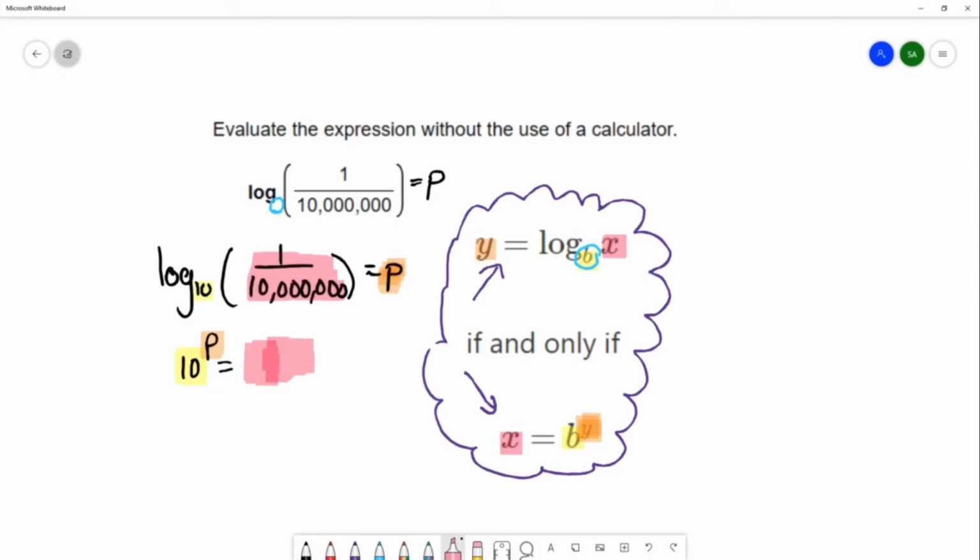So that's going to be 1 over 10 million. So we've rewritten the logarithmic equation as an exponential equation.